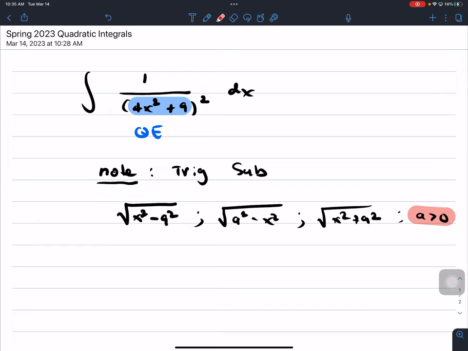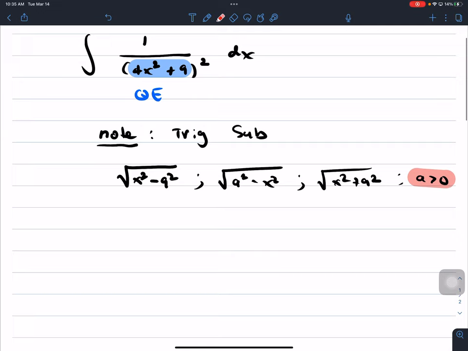So you might say, oh my God, they want me to do a trig sub, but I don't even have a radical. Well, the truth is you can still do a trig sub even if it doesn't have a radical, in all honesty. So let's go through how that might be done, because I can think of a couple of ways. Going back to what we already did in the past, I want you guys to notice something here.